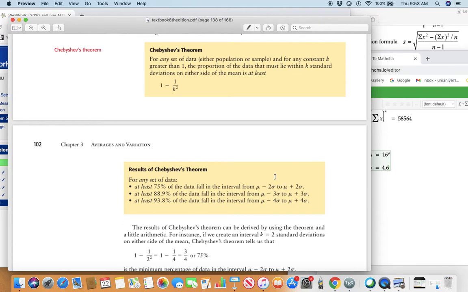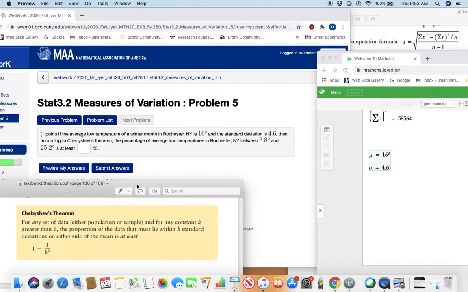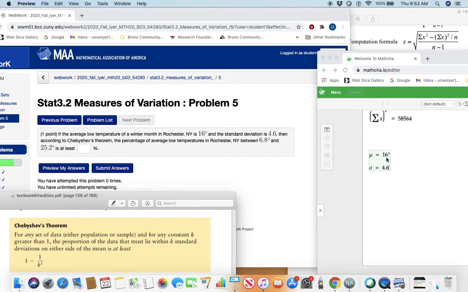Within 2 standard deviations of mu, you get at least 75%. Within 3 standard deviations of mu, you get at least 88.9%. Within 4 standard deviations of mu, you get 90. What does that mean? So that is mu, and that is 1 standard deviation.